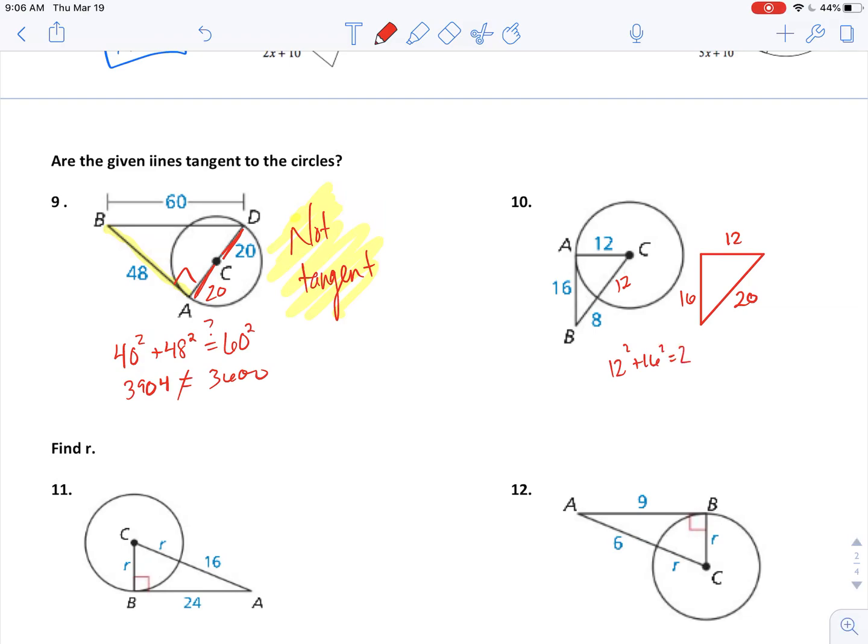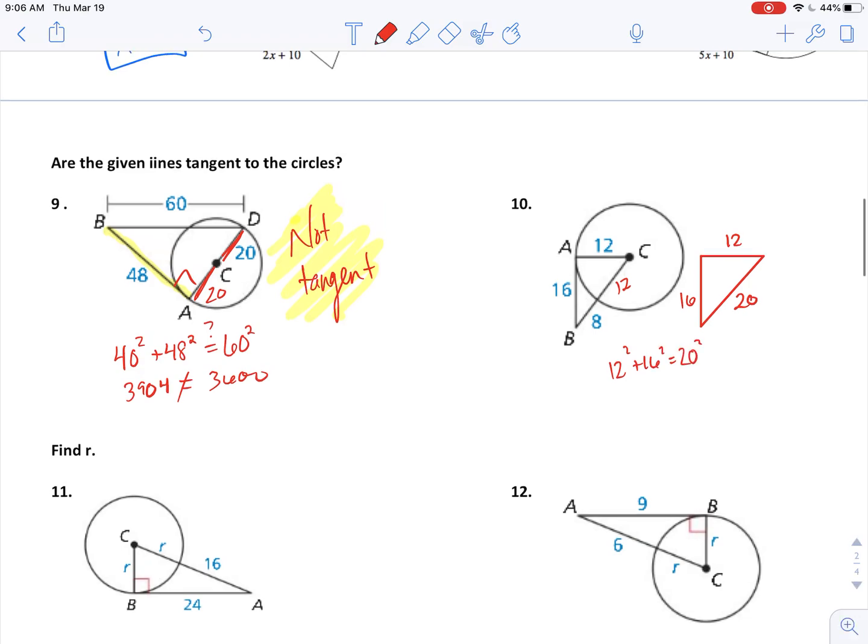Let's see, is 12 squared plus 16 squared equal to 20 squared? Is 144 plus 256 equal to 400? And it definitely is. So that's great news. So I know that yes, AB is a tangent to the circle.